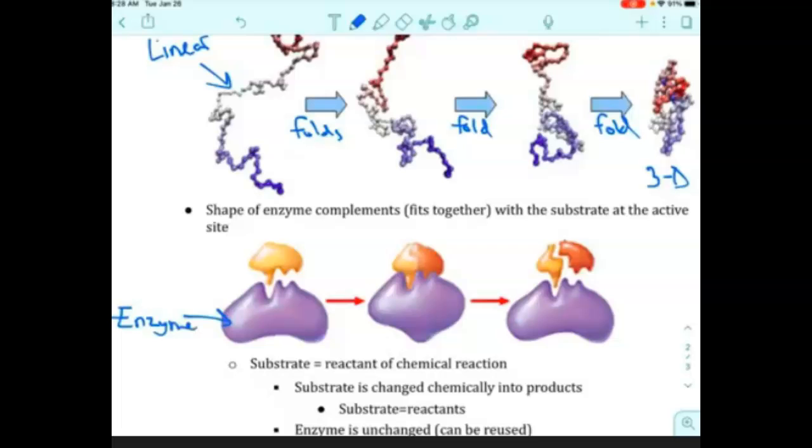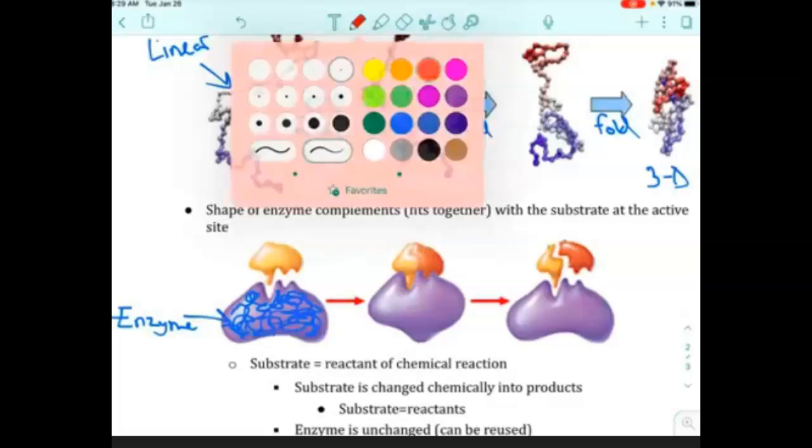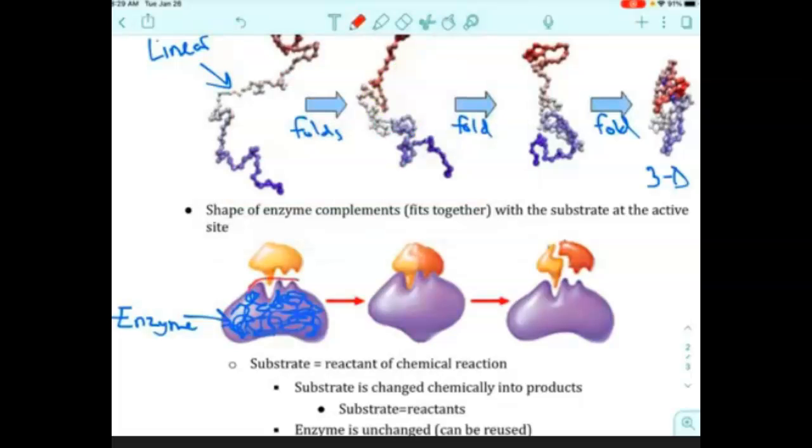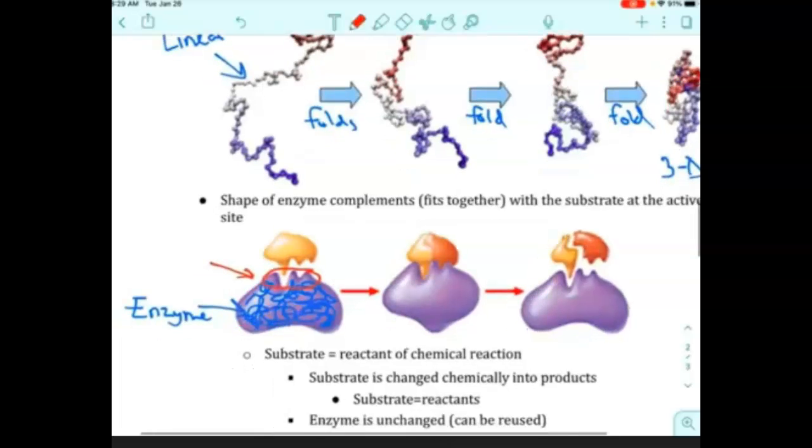And if it helps, you might even want to take a line and just remind yourself, this is actually all a bunch of linear polymers that have folded onto each other into this very special shape, okay? And this enzyme has a spot on it. I'm going to label it with red just so it pops out a little bit more. This spot right here is called the active site.